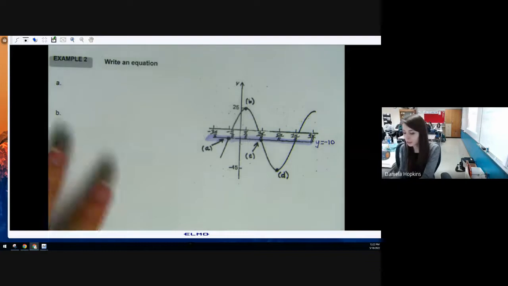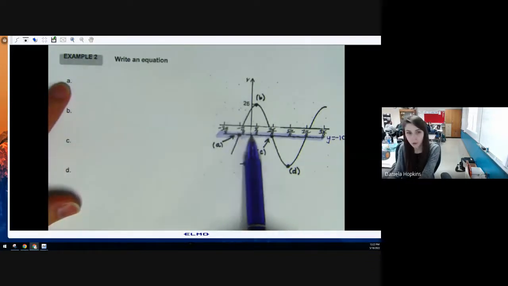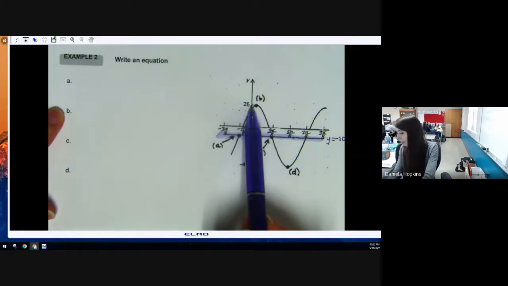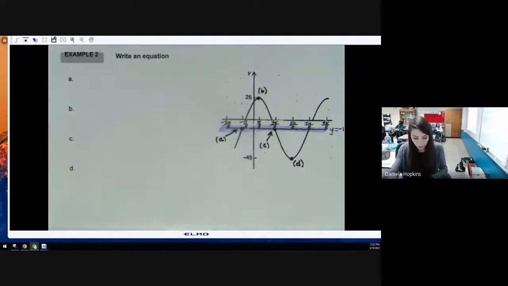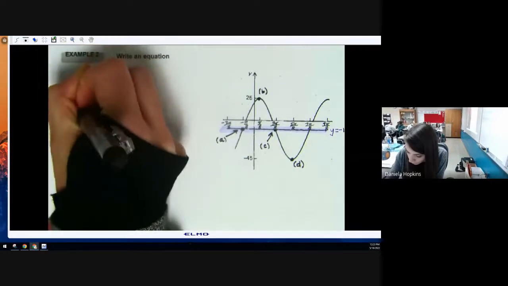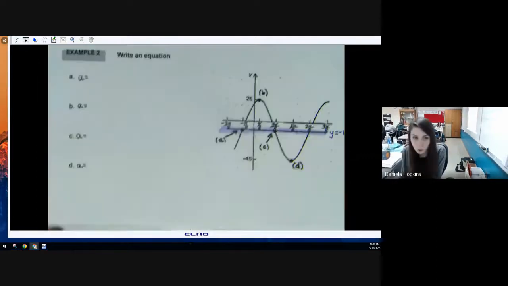So what this question is saying, okay, for this point A, pretend this was your y-intercept and write an equation. Then part B is saying, okay, this is now your y-intercept. Move it over and write the equation, how it was translated. So what we're going to notice here, and I'm going to stop color coding just to stop being crazy, is that your A's will all be the same, because the amplitude doesn't change.